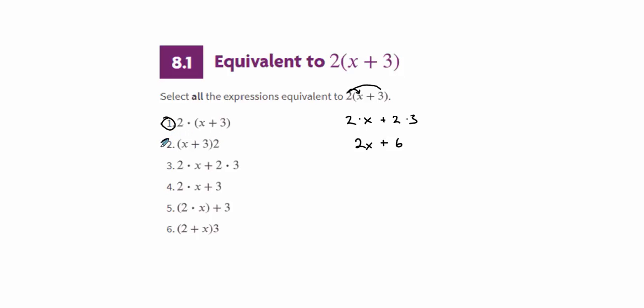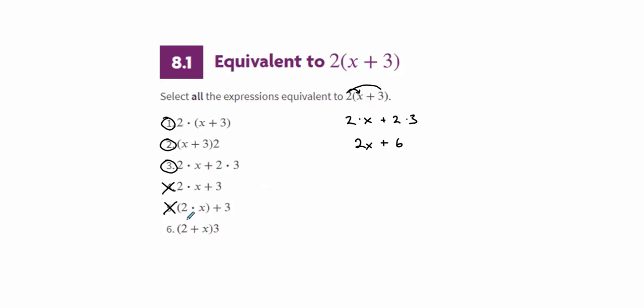So this is equivalent. This one says 2 times x plus 2 times 3. That's exactly what I have here, so that is equivalent. And then we have 2 times x plus 6, so that is not equivalent. And here we have 2 times x plus 3 again, almost the same thing, just with parentheses here. And this one is 2 plus x times 3.